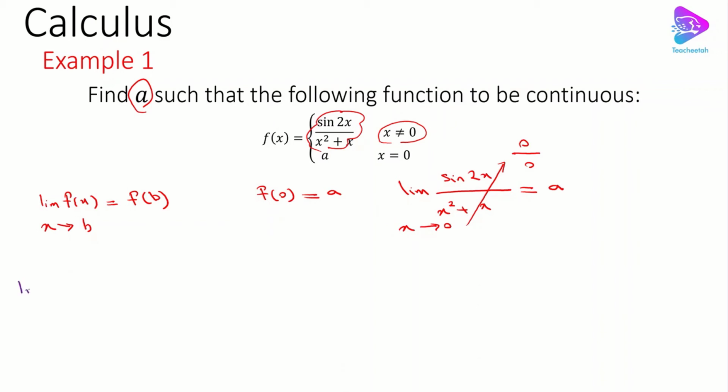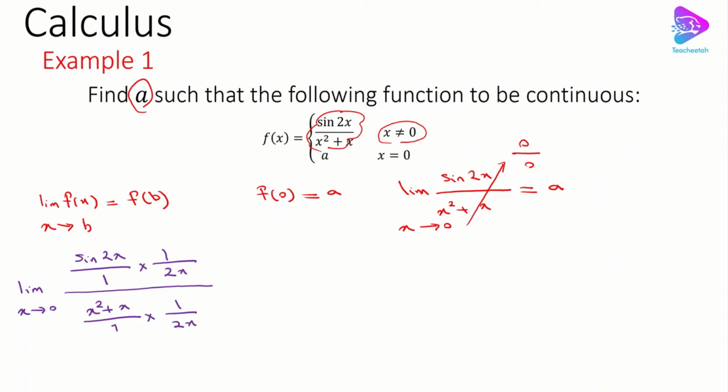So it is going to make the limit of x approaching 0 of sine 2x over 1, multiplied by 1 over 2x, over x squared plus x over 1 times 1 over 2x.